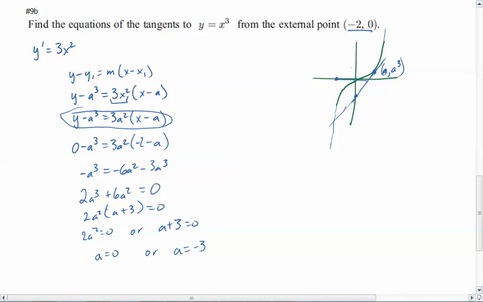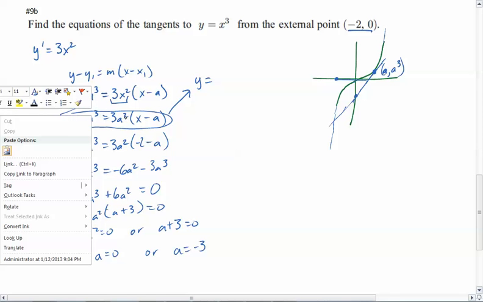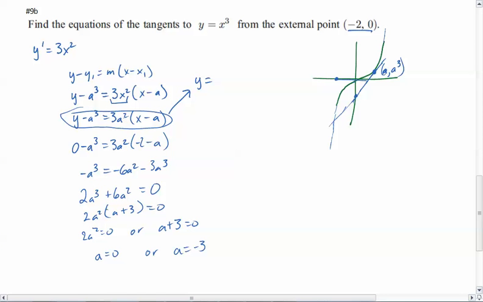And then we want to go ahead and use a equals 0 and a equals -3. So if I make a 0, that goes away. If I make this 0, then it doesn't really matter what that is. It's going to be 3 times 0, which is 0, and 0 times all that will be 0. So y equals 0.